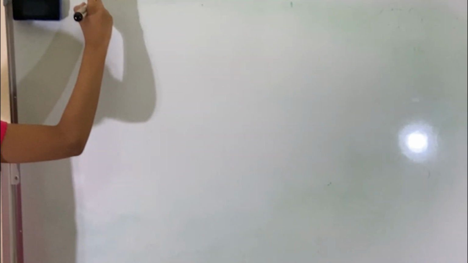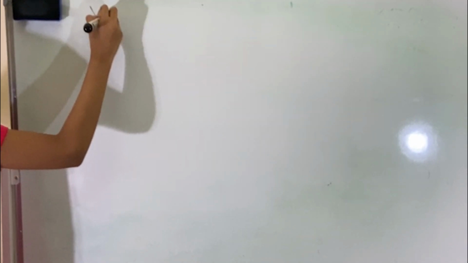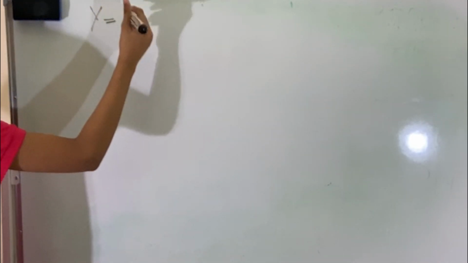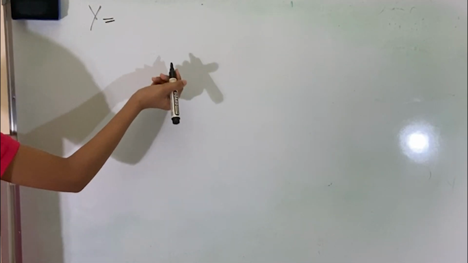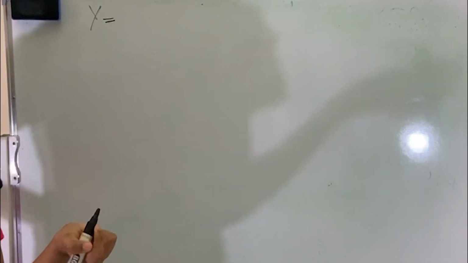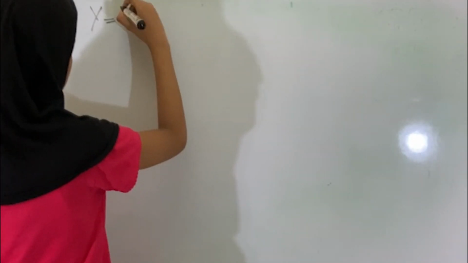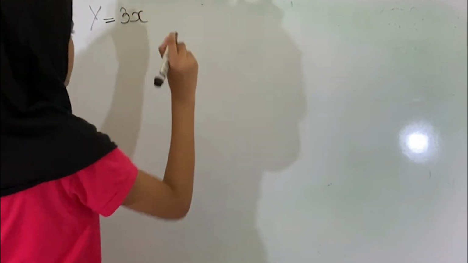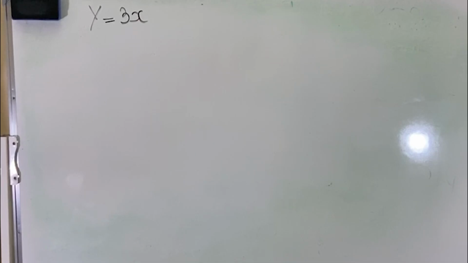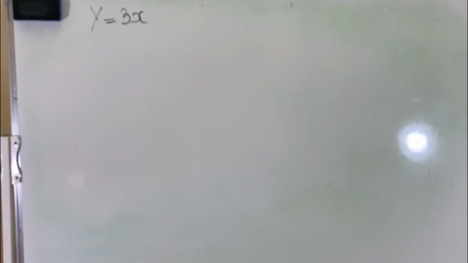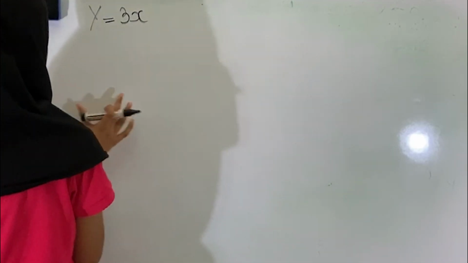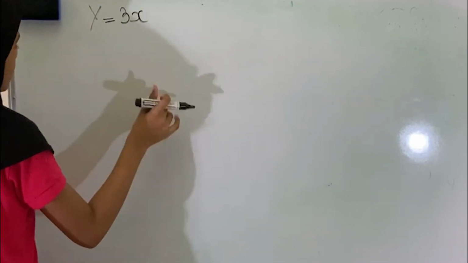Now, how do we answer this question? The dy by dx of 3x is 3, because we have to find the derivative of it separately.